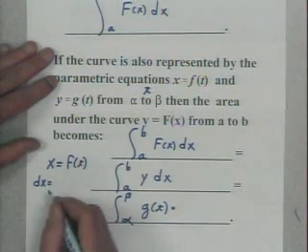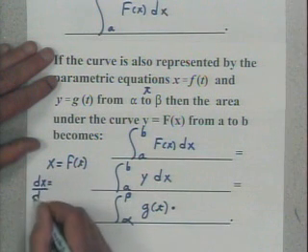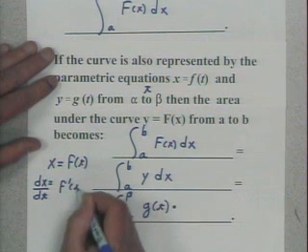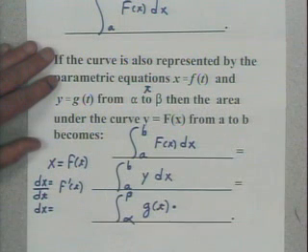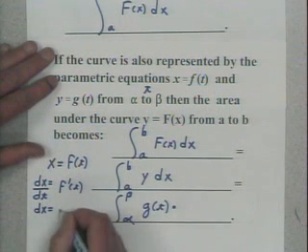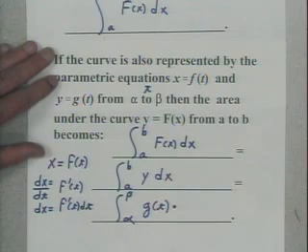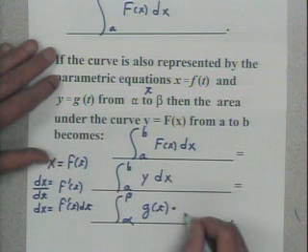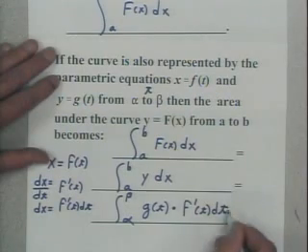To get dx, let's do it this way first. Do we know how to do dx over dt? Wasn't that the same as f prime of t? So then what does that make dx? F prime of t dt, that's just off to the side here. So what can I replace dx with? F prime of t dt.